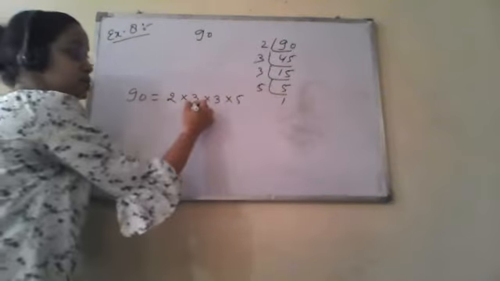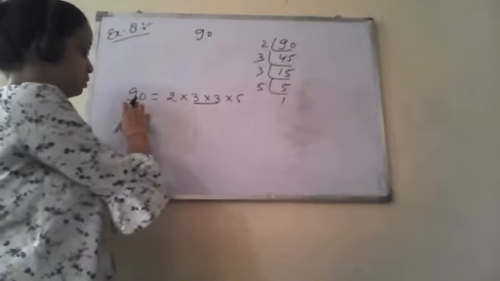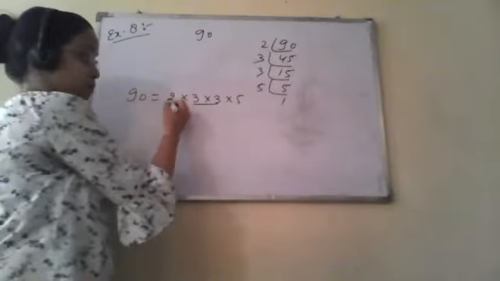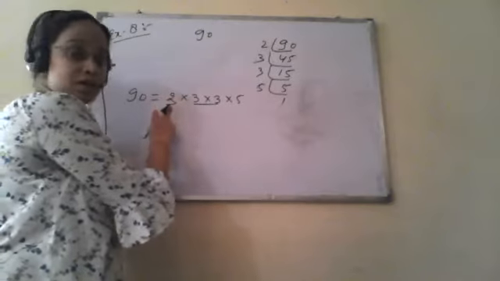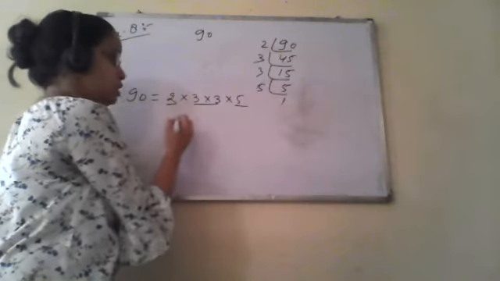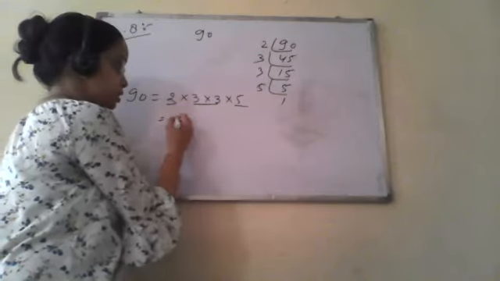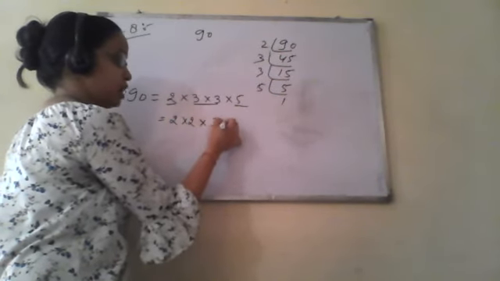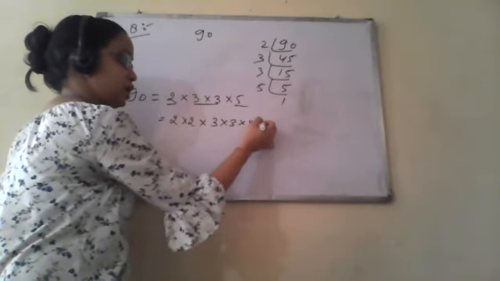Now see, this pair is complete. In order to make 90 a perfect square, we should multiply it because this pair is incomplete and this 5 is incomplete. So we have to multiply 90 by 2 and 5, that is 5 into 2, 10.